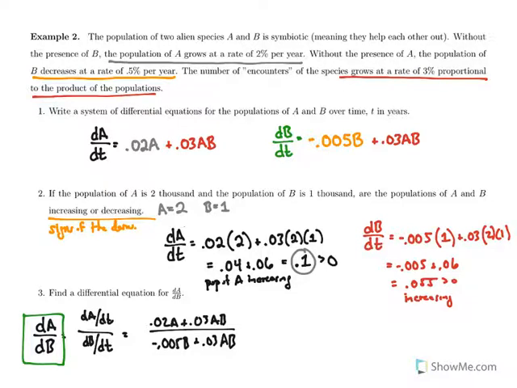It's a little more simplistic. It's like we're getting rid of one of the variables, that is, T. So we can say that as B increases or decreases, what happens to the population of A, and vice versa. Not so much over time, but again, just in terms of that.